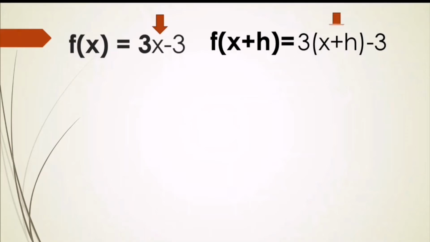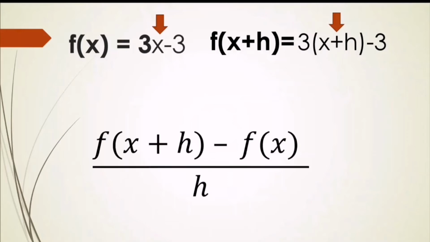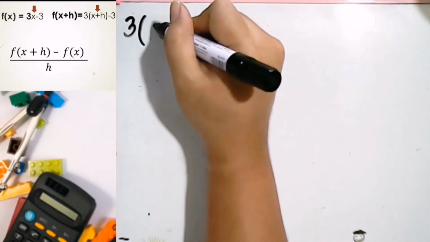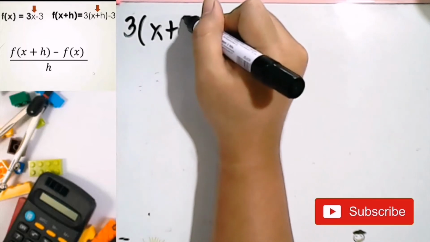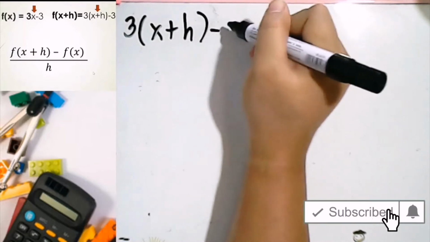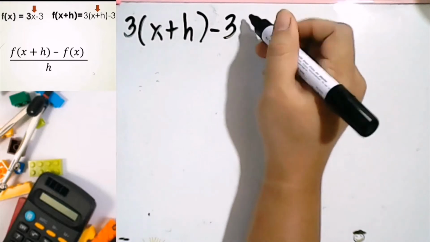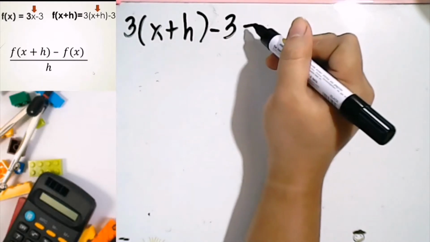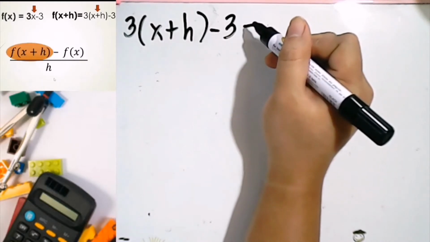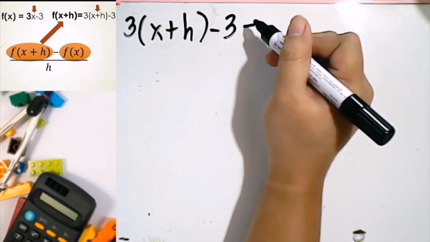Now, we follow the next procedure, which is this formula. What we will do is substitute the value of f of x plus h, which is 3 times x plus h minus 3, and then minus f of x.